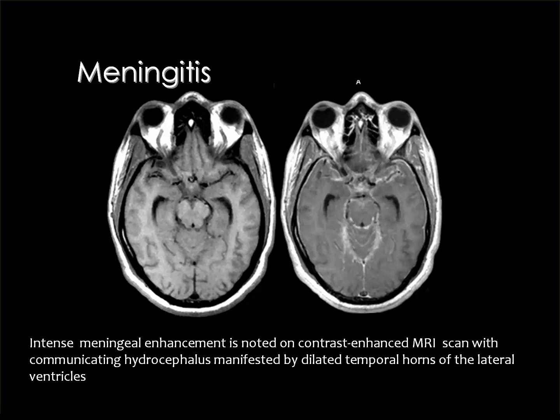Enhancement of the CSF spaces means that the inflamed meninges here are the leptomeninges. Leptomeninges are the arachnoid and the pia mater. But if the dura is inflamed, this is known as pachymeningitis.